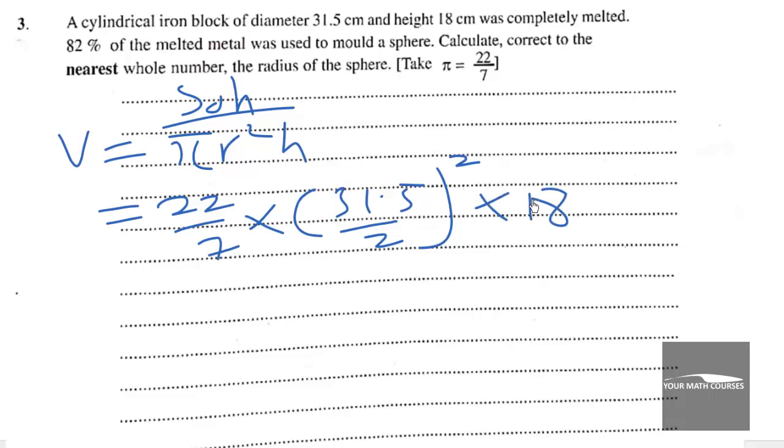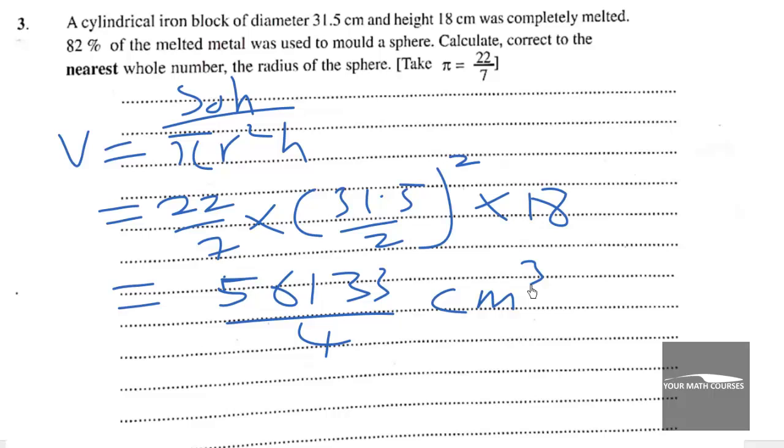I want you to simplify this, and if you do the simplification well, you should get something like 56133 divided by 4. So that is the volume in centimeter cube.